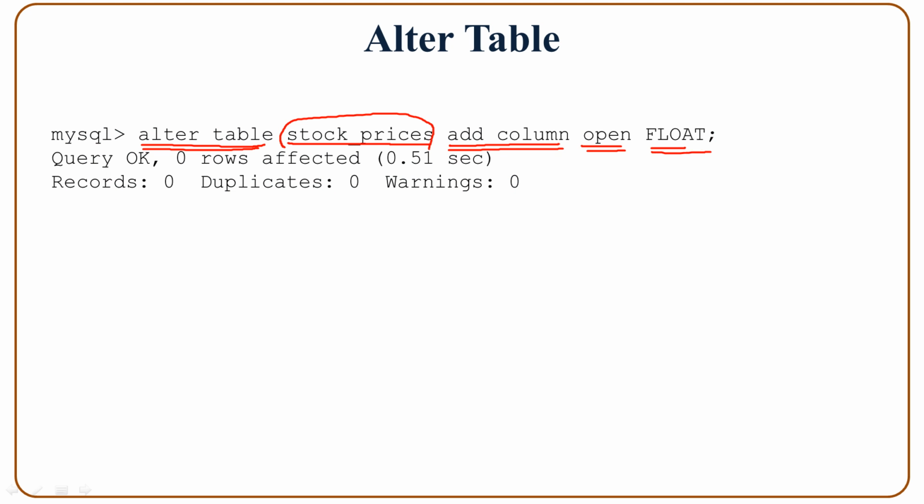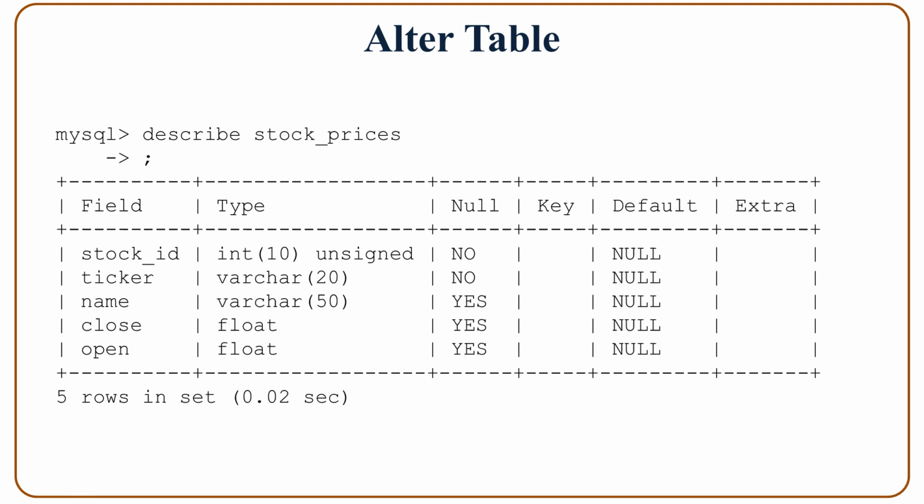So you run this, and it adds an additional column, namely open for you. And now you want to look at the table and look at the structure of the table.